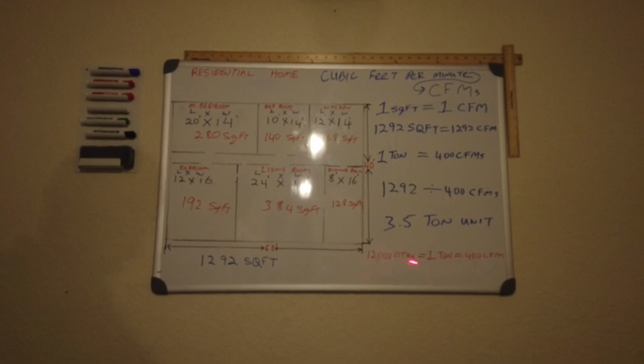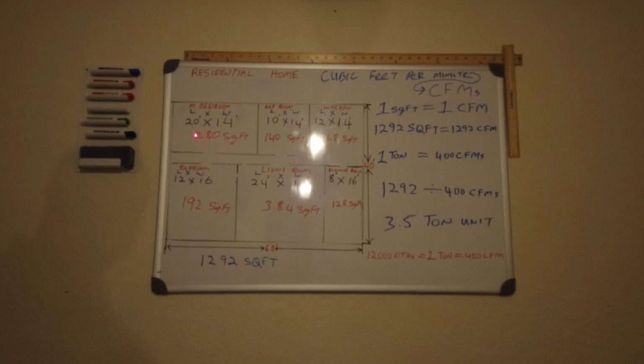If you buy a window unit, you could use the same formula and measure your square foot area. Let's say you got 280 square foot for this room here. That's about a little bit over half a ton.